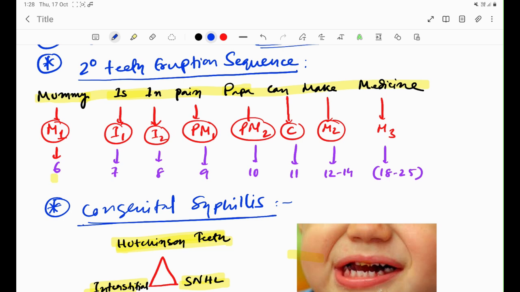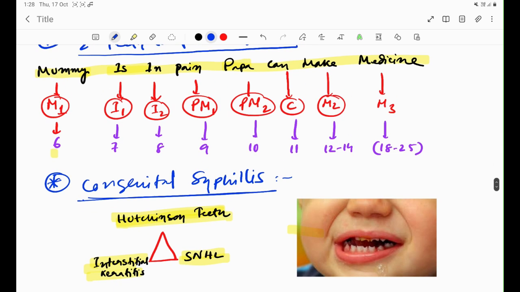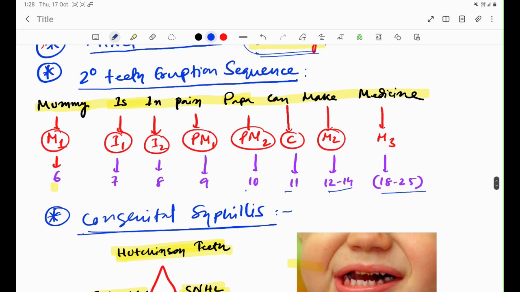Mummy for M, M1 means molar 1. Then incisor 1, incisor 2, then premolar 1, premolar 2, then canine, then molar 2 and molar 3. The time of eruption is also very easy to remember: 6 years, 7 years, 8 years, 9 years, 10 years, 11 years, 12 to 14 and 18 to 25. It's very easy to remember. If you read 2 to 3 times you can remember.